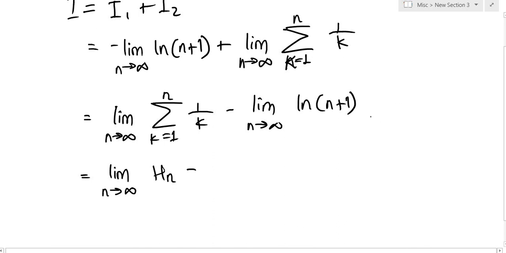Now I want to remind you of a fact. Instead of a variable substitution, I would like to show you that if you have the limit as a random variable, say b, approaches infinity of b, that is equal to the limit as b approaches infinity of b plus 1, because if you plug in infinity, you have infinity, and over here you have infinity plus 1.